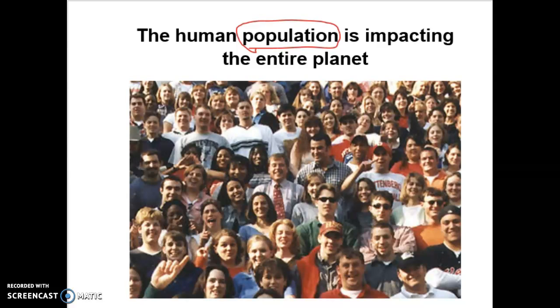And we'll talk about this later in the semester, but we are looking at moving towards a sixth mass extinction, which will be very, very detrimental to the entire planet. Humans in particular will suffer significantly with this issue. So these are things we want to look at as what is our impact, our individual impact, but then our population or species impact, and what can we do?